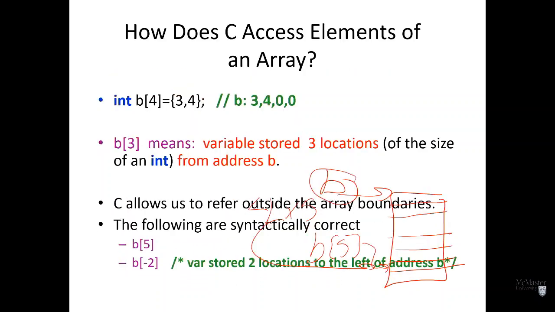One problem is that C, and for the third time I mention this, has no boundary checking. What it means is if you try to access B minus 2 or B 200 or anything outside the boundary of the array, it will not complain. That doesn't mean your code is correct.